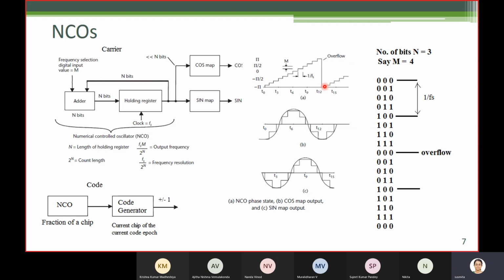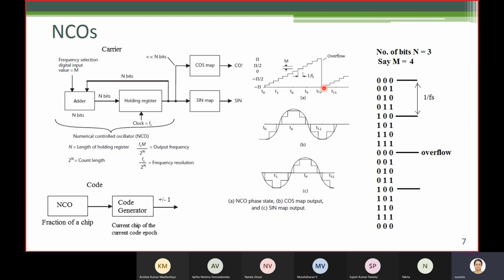It comes here again. So how long will be the cycle for this particular case? 1 by Fs, another 1 by Fs. Total duration is 2 by Fs. So it takes 2 by Fs seconds for reset to occur.